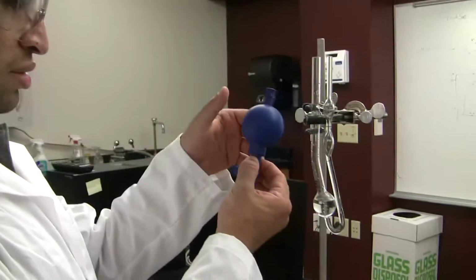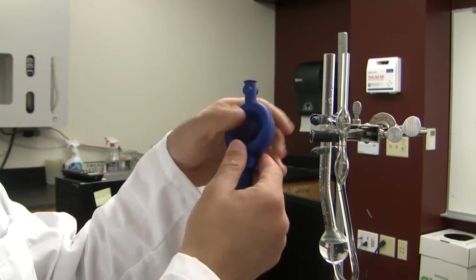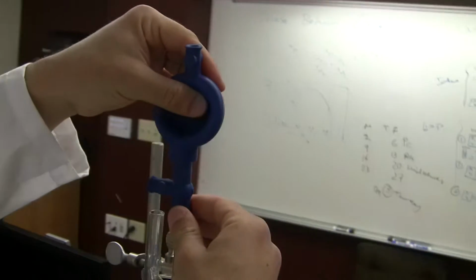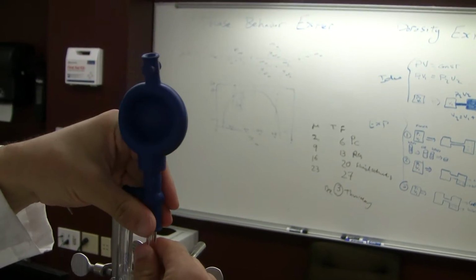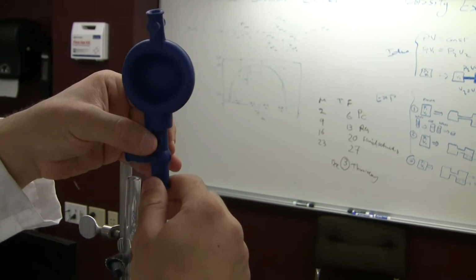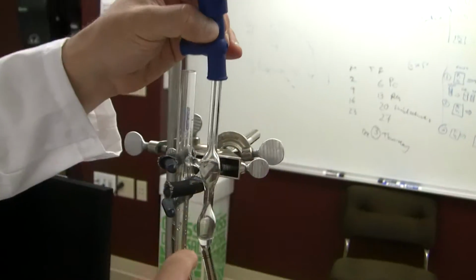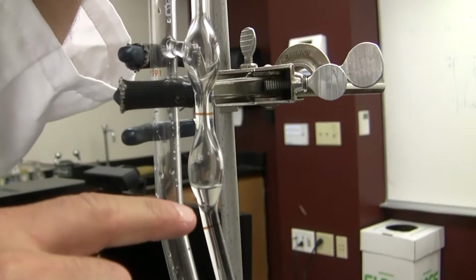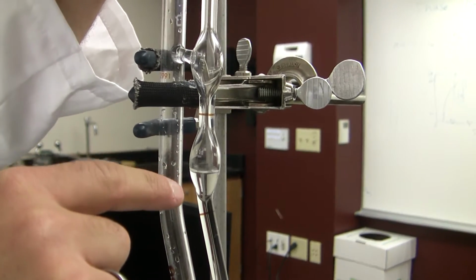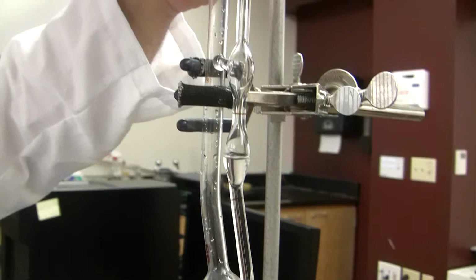You press this valve, and then you empty it out, and then you leave it, and then you add it on top of your tube, and then release so that it starts picking the liquid up until it goes a little bit above the upper line.